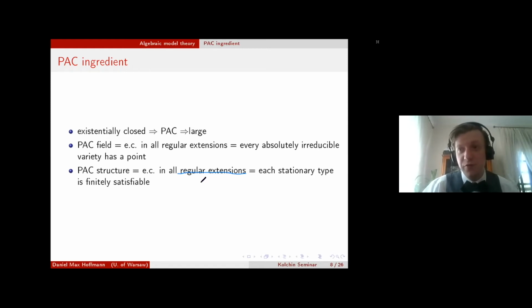So you have two differential fields K and F. So K in F is regular if the intersection of F with the model theoretic algebraic closure of K is again K. And that's equivalent to this more model theoretic definition, that each stationary type is finitely satisfied. Okay, and this thing is just to tell you how you translate varieties to types, and that's it.